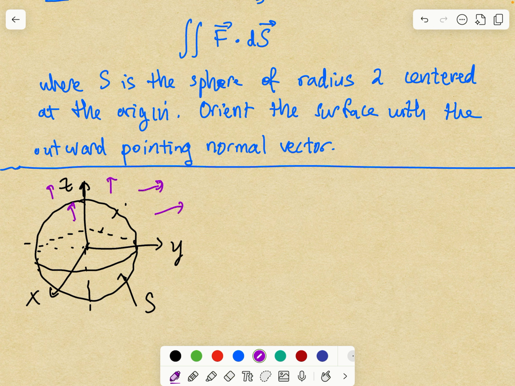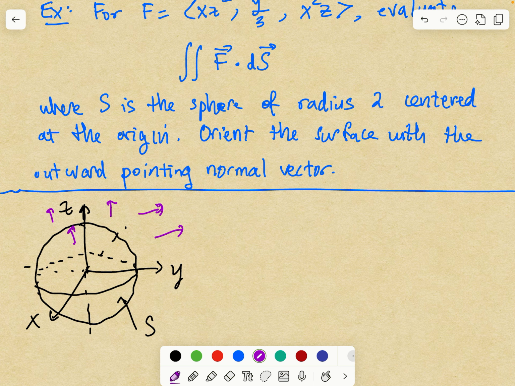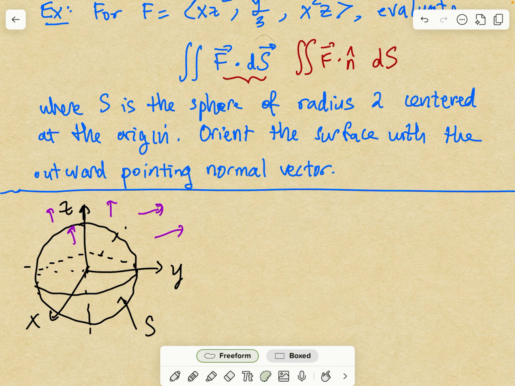And this F dot dS is a shorthand notation. This really means F dot n dS. So this S has an arrow over it, and what it means is that you're integrating F dot n dS.